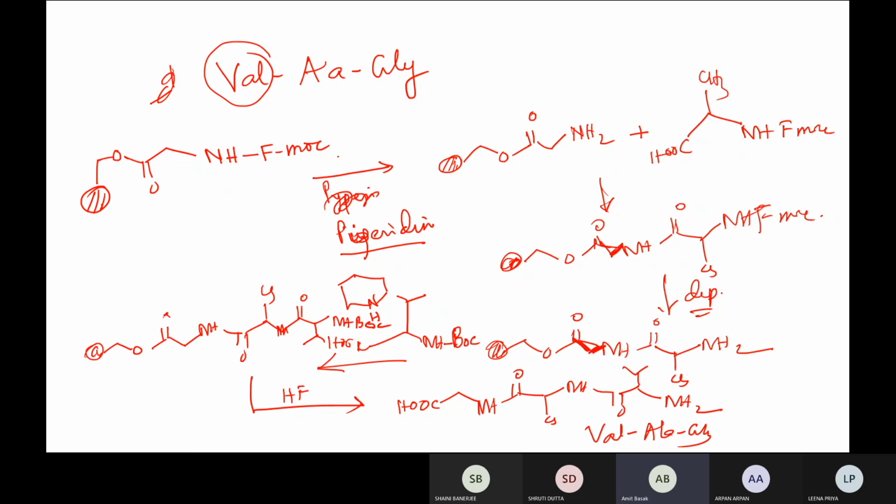But the N-terminus amino acid should have a BOC protecting group, so that you can cleave both the bond from the resin as well as the amine at the N-terminus, and free it in one step by adding HF.